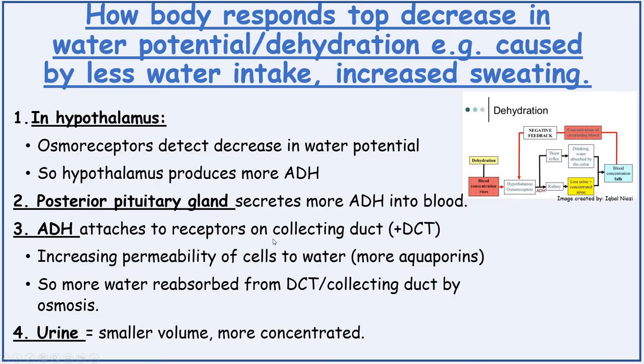ADH attaches to receptors on the collecting duct and the distal convoluted tubule, increasing the permeability of cells to water. It causes more aquaporins to be put in place. So more water is reabsorbed from the distal convoluted tubule and collecting duct by osmosis. And the urine is a smaller volume, and it's also more concentrated.